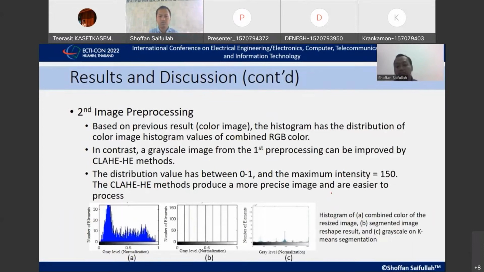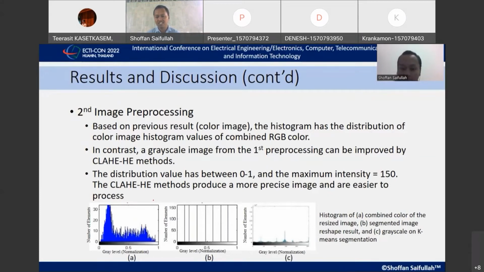The distribution of values is between 0 and 1, and the maximal intensity of the pixel is 150. The GLHAHE image enhancement method that we used produces a more precise image that is easier to process.